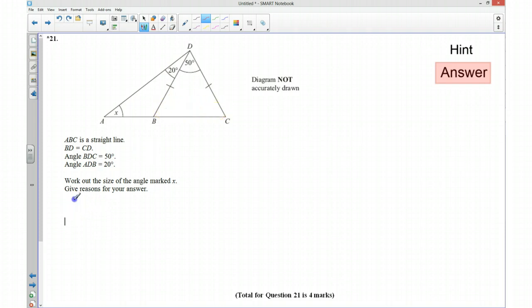So I'm going to say BDC is an isosceles triangle, so two base angles are the same.